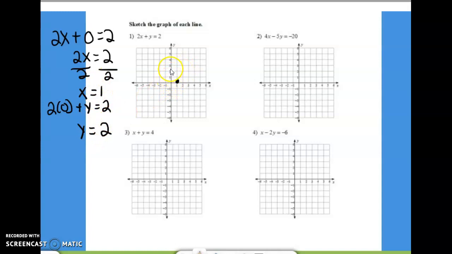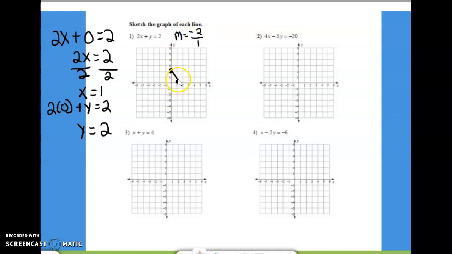Let's graph them. So you've got a really small line, but again, it's going down. You could check it out. You start here, you go down 2 over 1. So down 2 over 1 would be my slope.